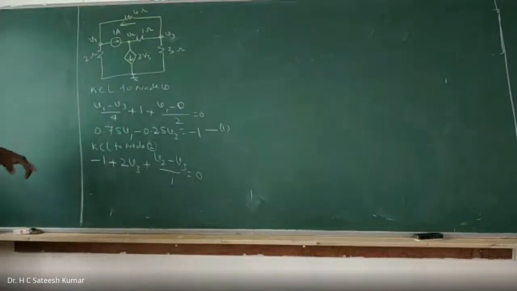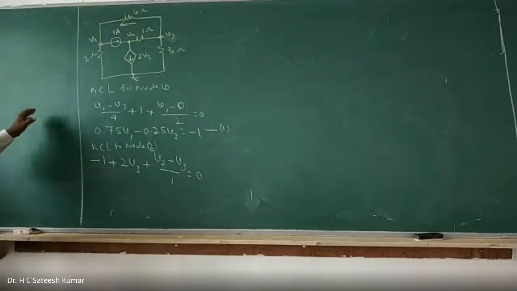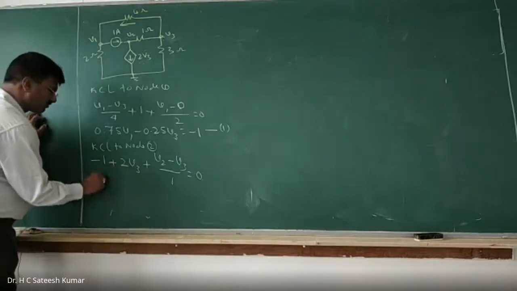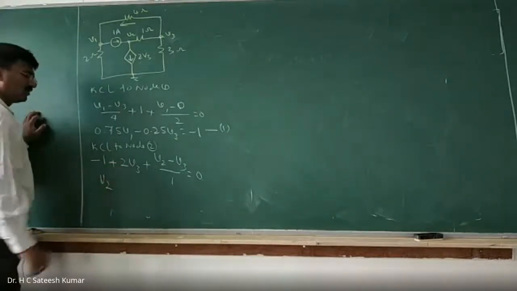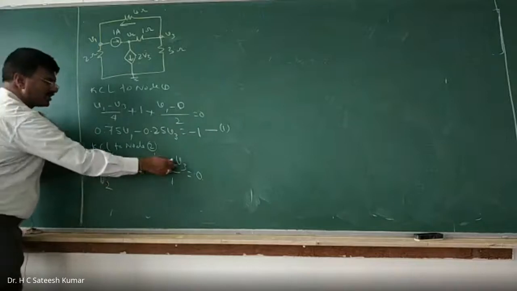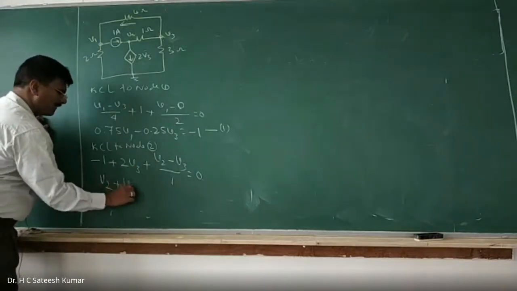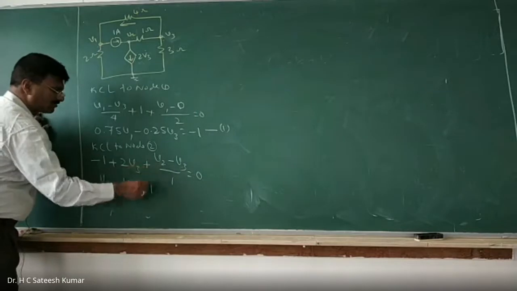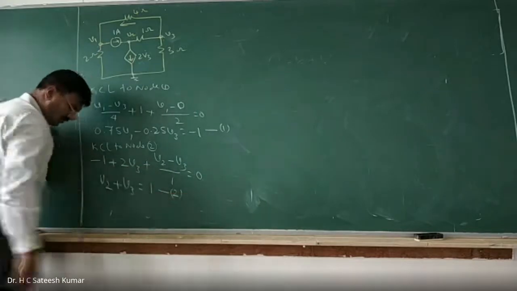Now, what about V2 coefficients? V1 coefficient is 0. V2 coefficient is 1, 1 V2. What about V3? 2V3 minus V3 plus V3 is equal to 1. Transfer minus 1 to right hand side. Call this as equation number 2.